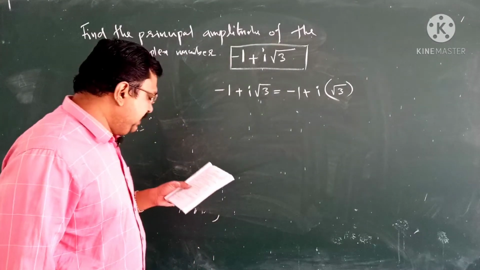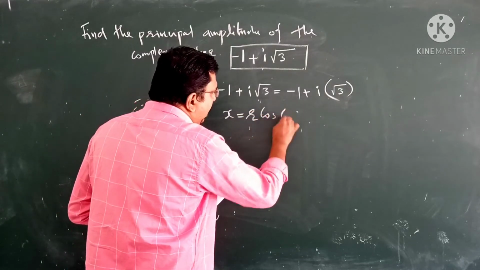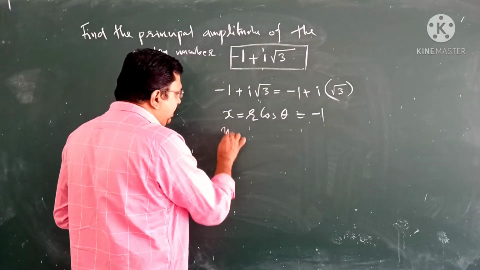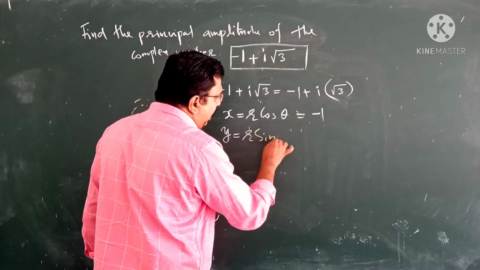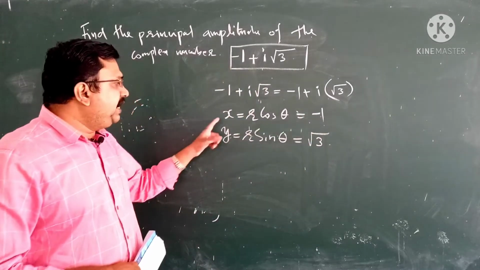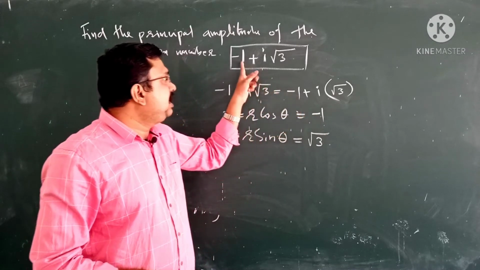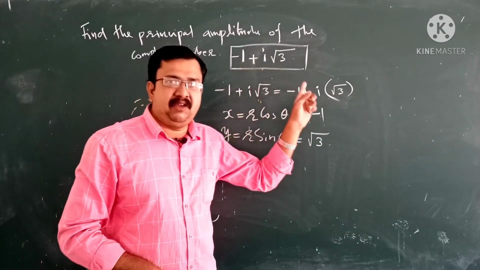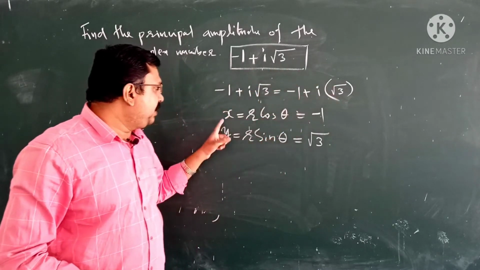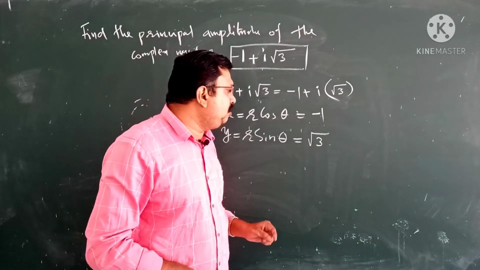Then x equals r cos theta equals -1, and y equals r sin theta equals root 3. This complex number is of the form x plus iy. Therefore, x is -1 and y is root 3.